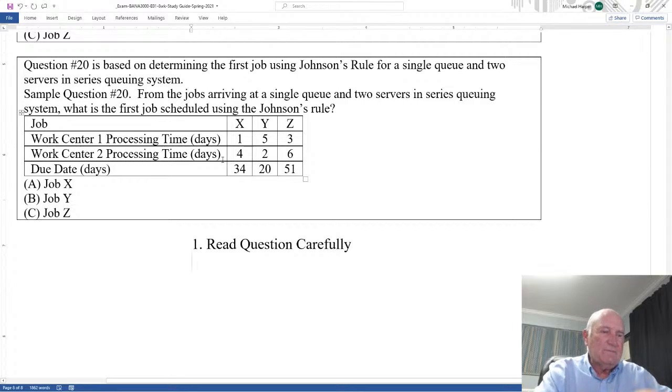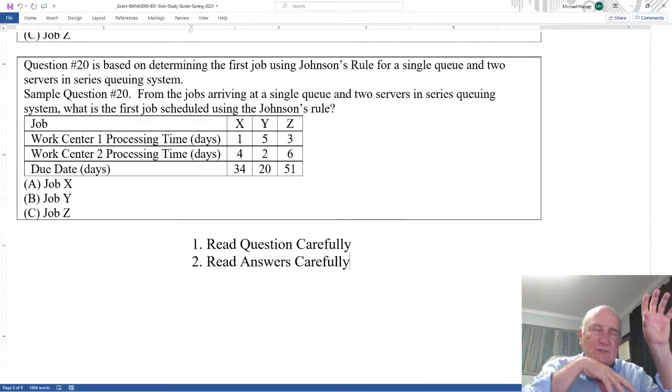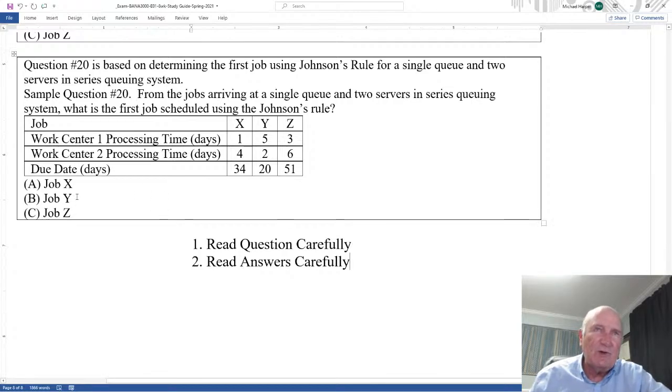The second thing is read the answers carefully. In other words, read the answers. Here's the question, here's the answers, and so you say, oh, here's what's being asked. I don't know which one of these is right based on this question, and sometimes the answers help you clarify the question. So understand your answers. Like in this case, the answer is pretty straightforward, but some of them may not be.